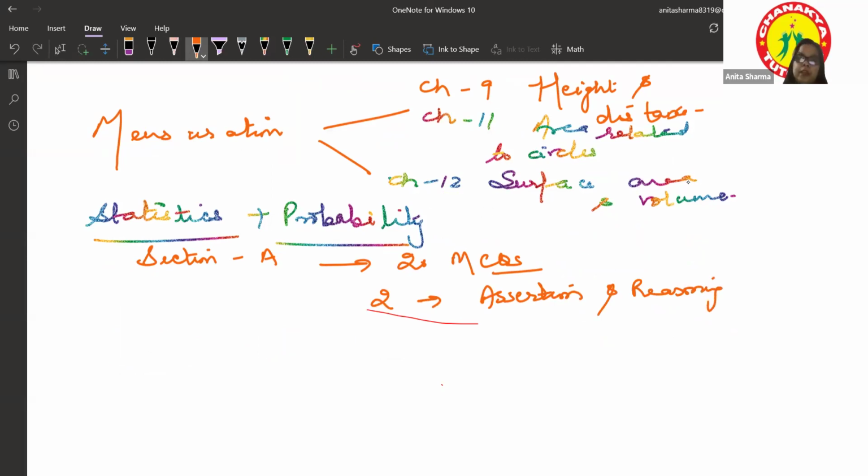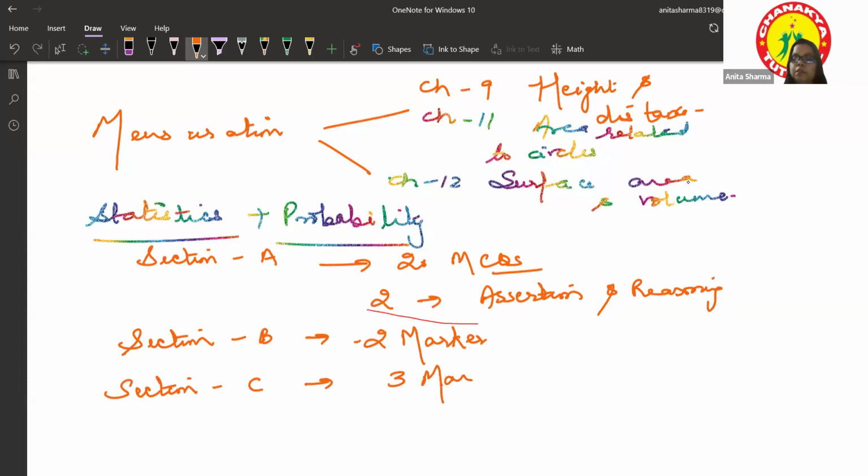And section B contains 2 marker questions. Section C contains 3 marker questions. And section D, 5 marker.